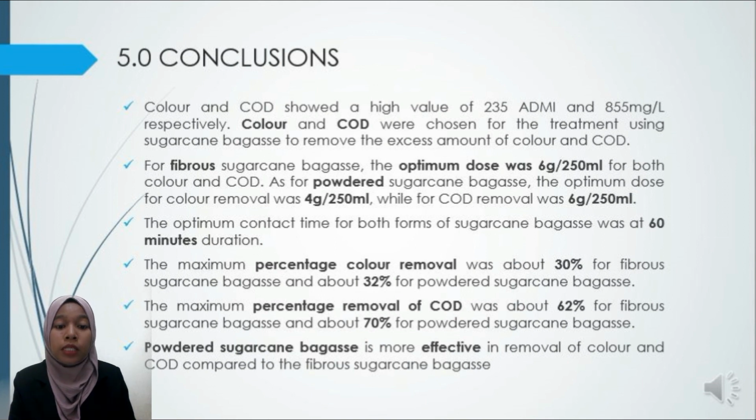The maximum percentage removal of COD was about 62% for fibrous sugarcane bagasse and about 70% for powdered sugarcane bagasse. Powdered sugarcane bagasse is more effective in removal of color and COD compared to fibrous sugarcane bagasse.